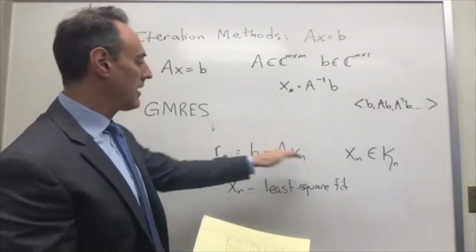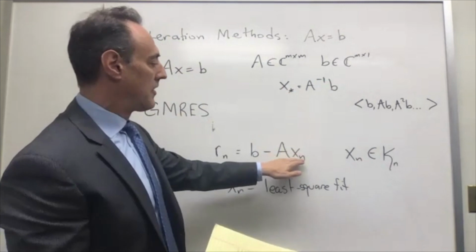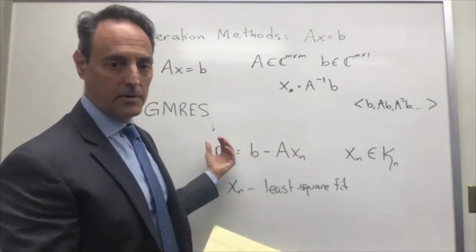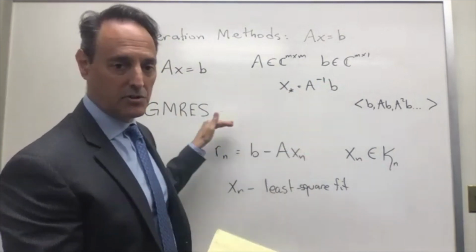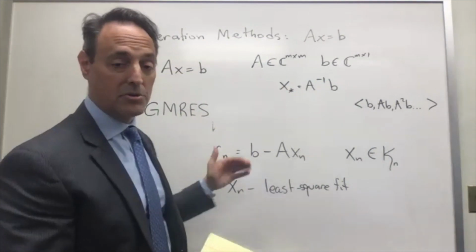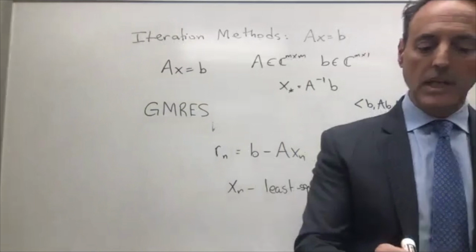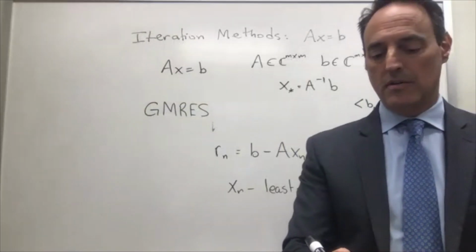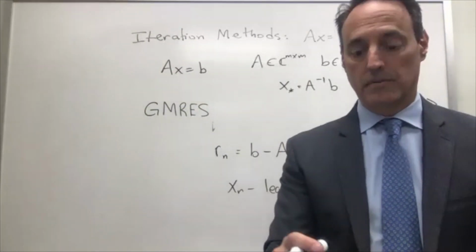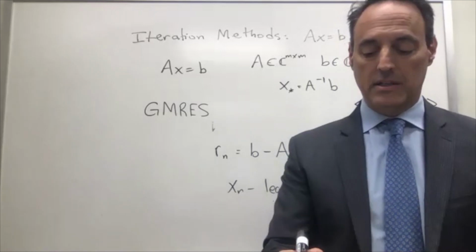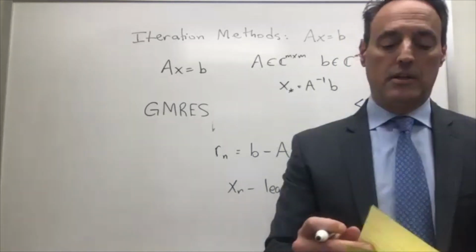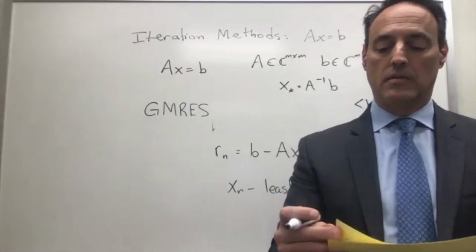If I start off with an x of 0, I get a number, and I go to x1, x2, and this should get smaller and smaller, and the residual should start to decrease. And then you stop this when you get close enough to the real solution. So that's the main idea behind GMRES.